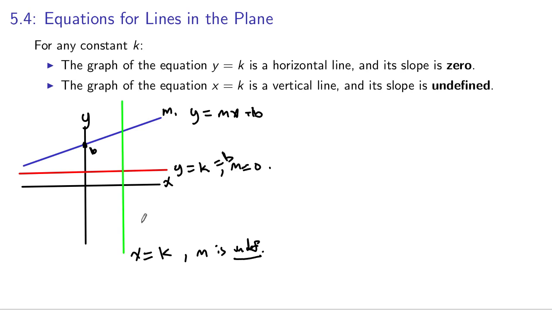Rise over run, remember? Or the rate of change, change in y over change in x. This line isn't changing in x at all. So the slope is undefined. And this is the case where we cannot write this line as a function of x, because it is not. It's a function of y, but we haven't thought of it that way.